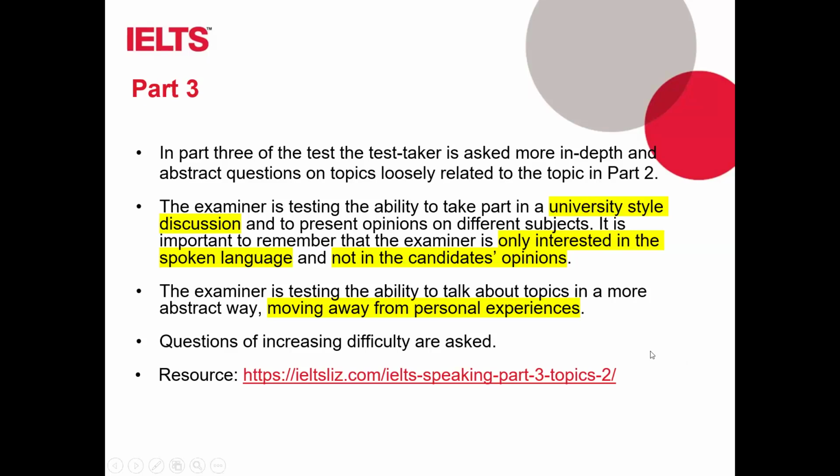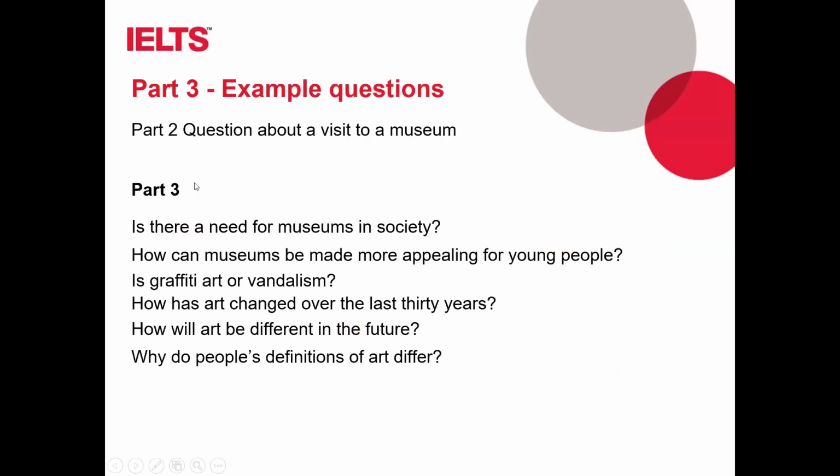So they would also be common questions, but in part 3 the questions are a little more difficult, because these are not questions that you often think about. You wouldn't have any idea about them, so how can you tackle them?